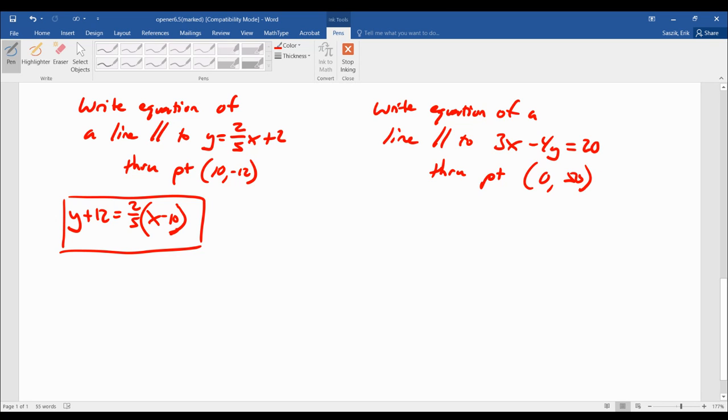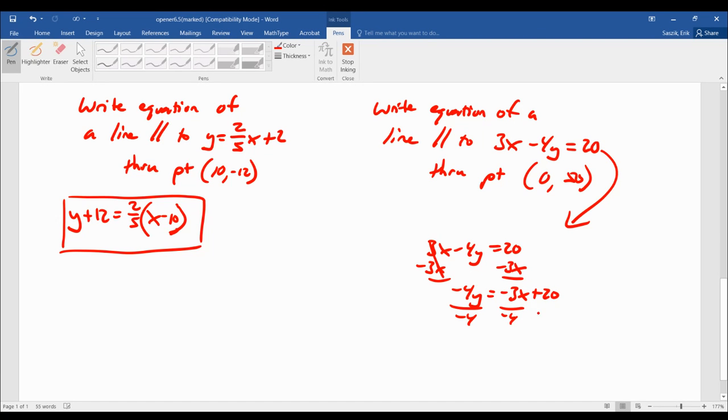Now remember, parallel means same slope, but I got to figure out the slope of this thing first. So I got to get y by itself. So I'm going to subtract 3x, bring the negative 4y down, divide by negative 4, and I get y equals, remember these negatives cancel, 3/4 x minus 5. So the slope of this is 3/4, so parallel to that would also be 3/4.